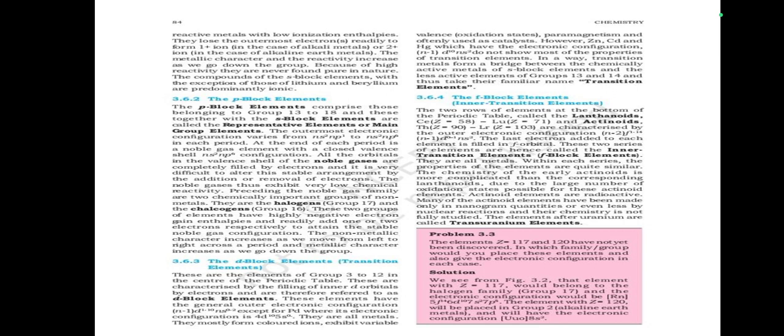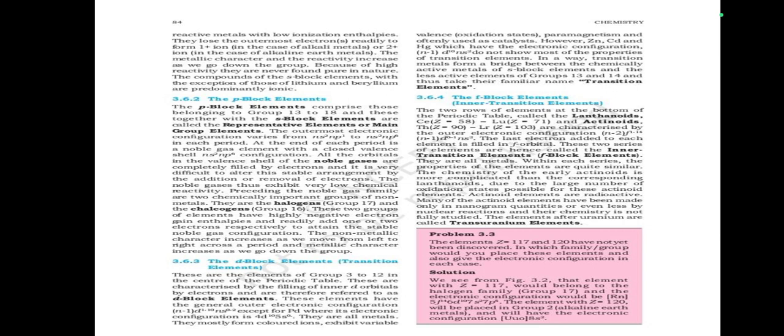The f block elements, the inner transition elements, are the two rows of elements at the bottom of the periodic table, called the lanthanoids, Z equal to 58 to 71, and the actinoids, Z equal to 90 to 103.